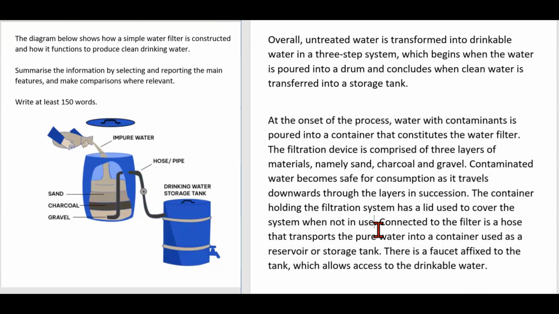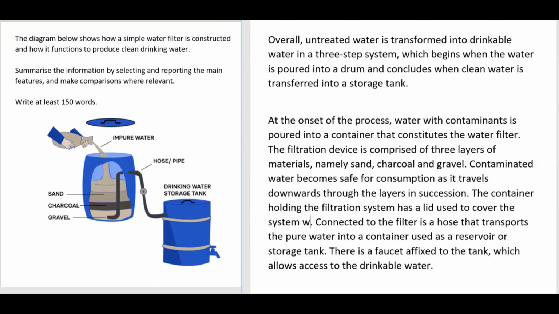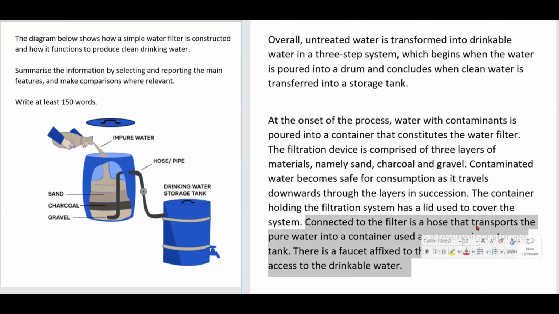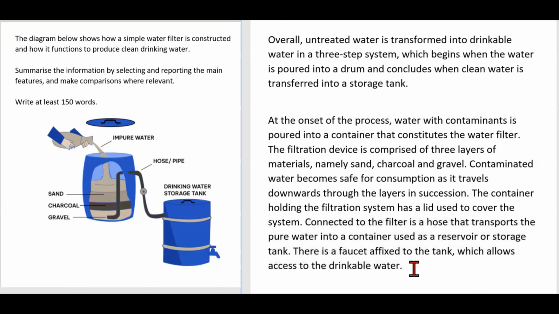Wait, this expression doesn't sound right. Cover the system. I think this phrase is not needed. The container holding the filtration system has a lid. Connected to the filter is a hose that transports the pure water into a container used as a reservoir or storage tank. There is a faucet affixed to the tank which allows access to the drinkable water.